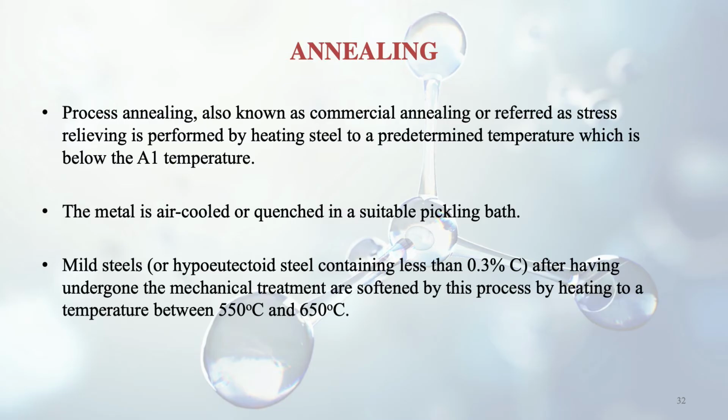Mild steels or hypoeutectoid steels containing less than 0.3% carbon, after having undergone mechanical treatment, are softened by this process by heating to a temperature between 550 degrees centigrade and 650 degrees centigrade. So you can see here we are not going up to 723 degrees centigrade. We are only going up to 550 or 650 degrees centigrade, so it is below the A1 critical line.